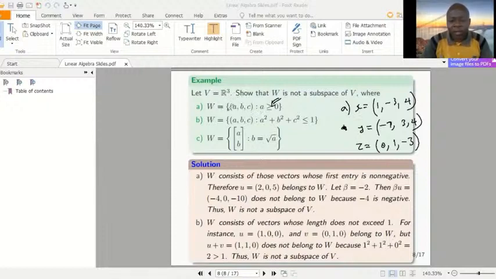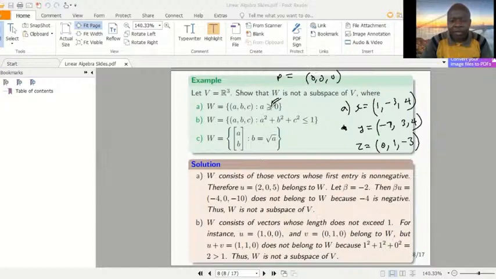So we'll be thinking of such vectors, and we want to say, can we also have (0, 0, 0) in W? Let me call this one vector P. Is this vector P in W? Let me check the first element. The first element is 0.